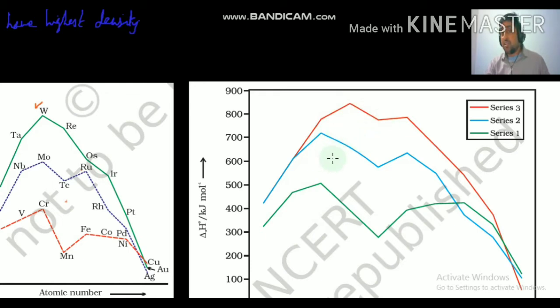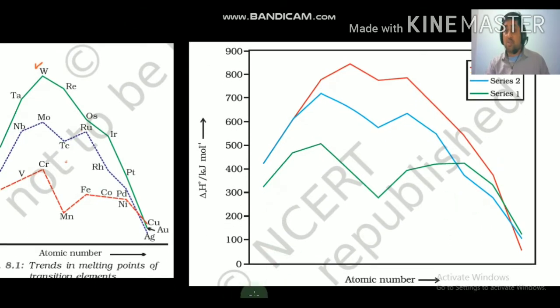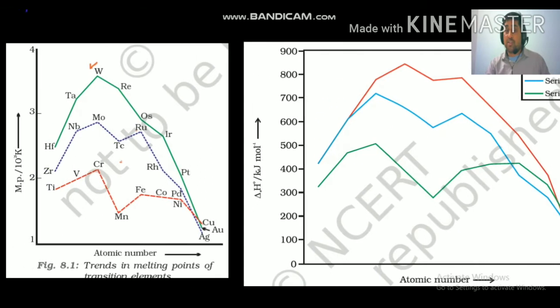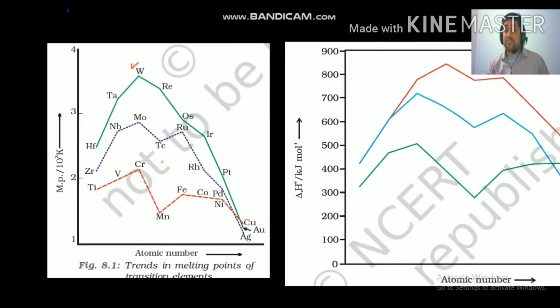Then this point should be here, but again the trend is broken, and in this series too the trend is broken. The green is the 3D series, then the 4D series and the 5D series. So the trend in atomization enthalpy is similar to that of melting point. These melting point trends all depend on atomization enthalpy, and atomization enthalpy further depends on some other factors.